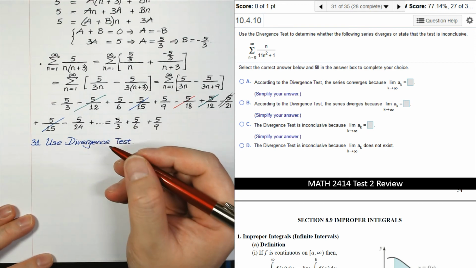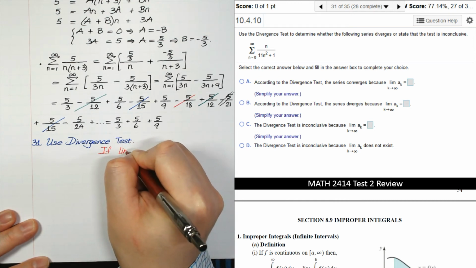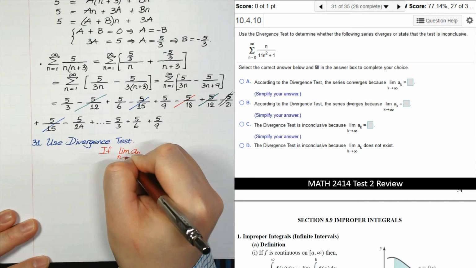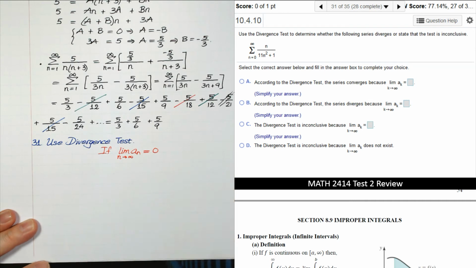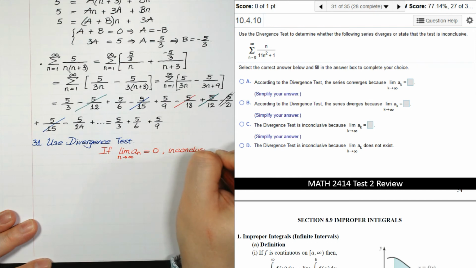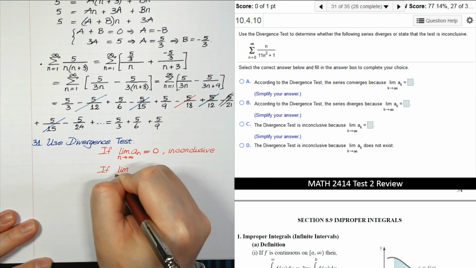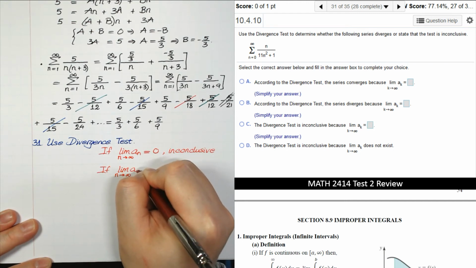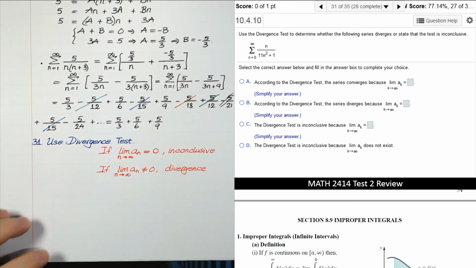Now, if the n term goes to 0, it is inconclusive. But if the n term goes to something else, it has to be divergent. Just by the name of it, it only tests for divergence.